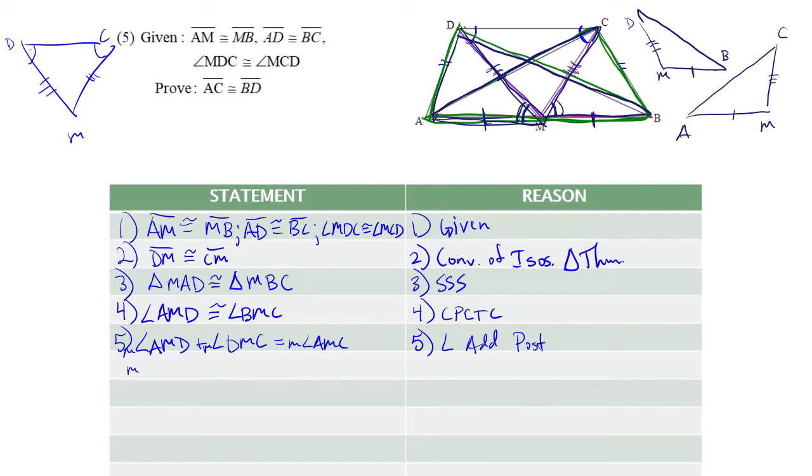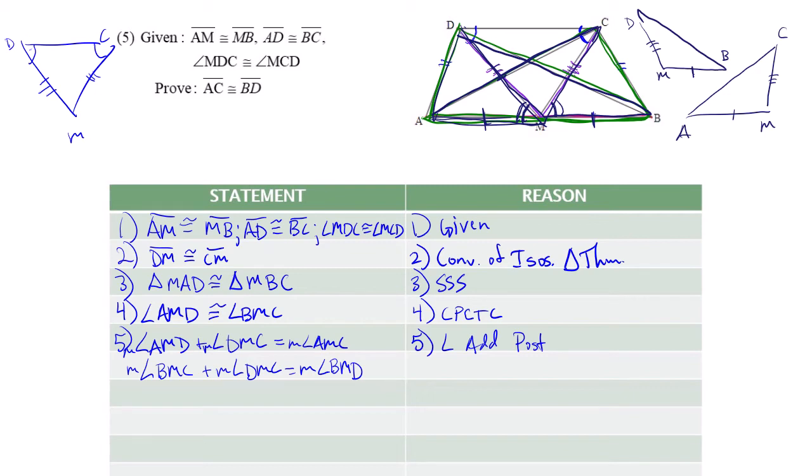So the measure of angle BMC plus the measure of angle DMC is equal to the measure of angle BMD. Okay.